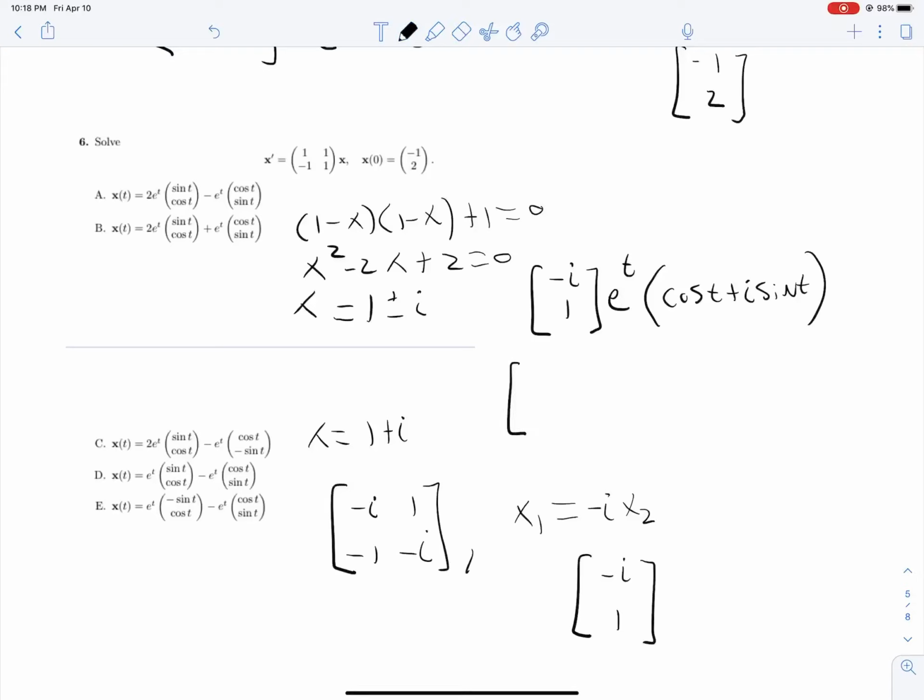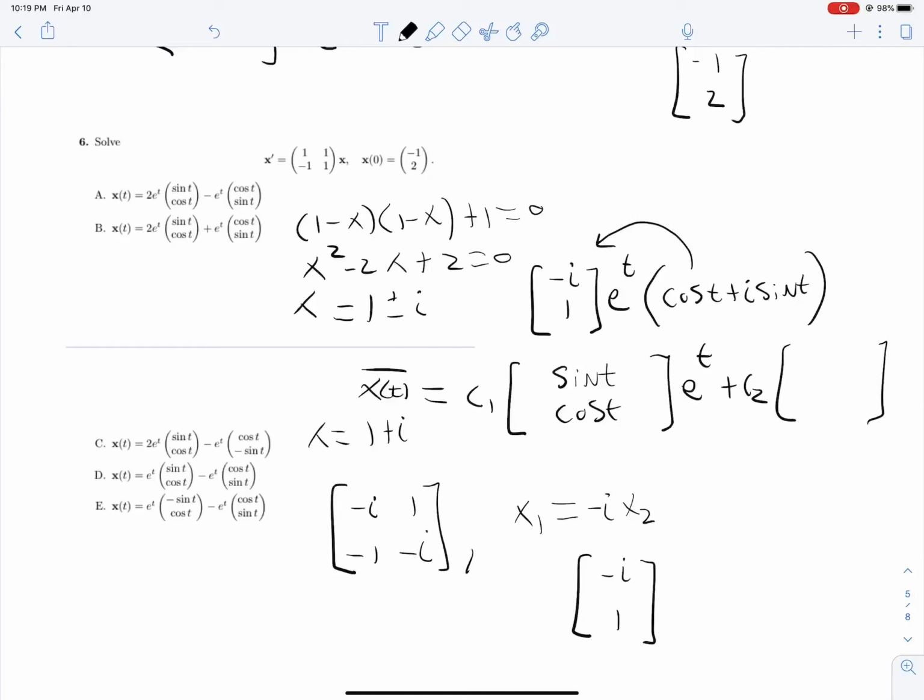So the real vector will be positive sine t, because negative i times i is 1, and then cosine t on the bottom, e to the t, got to remember the c1, and then our x of t, and then our imaginary portion plus c2 is going to come from multiplying cosine on the top, so negative cosine t, and multiplying sine on the bottom, plus i, well, we don't use the i's anymore, plus sine t.